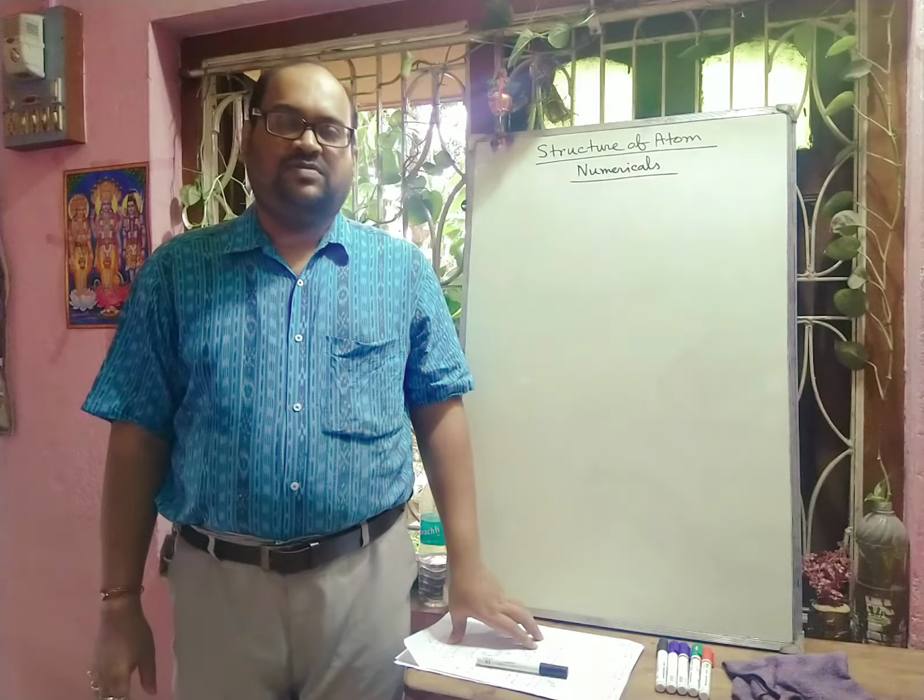So here we have to use the Rydberg equation formula, that is nu bar is equal to R into 1 by n1 square minus 1 by n2 square. First you write the formula.